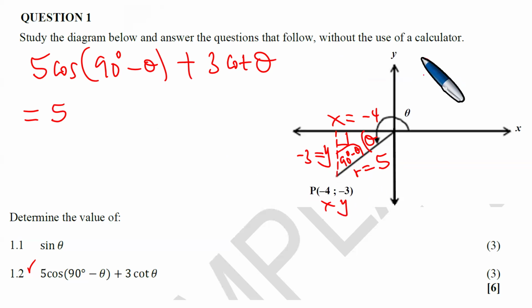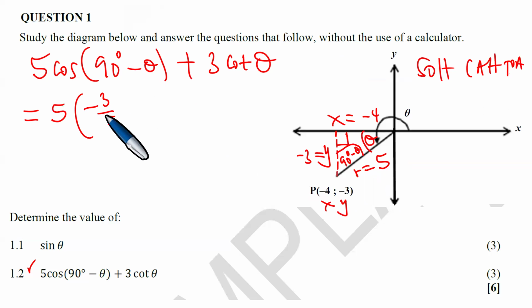Then you come and say SOHCAHTOA. So SOHCAHTOA becomes exactly what? Cosine is adjacent over hypotenuse, which is minus 3 over 5. And what is the cot? Cot switches the order of division here.